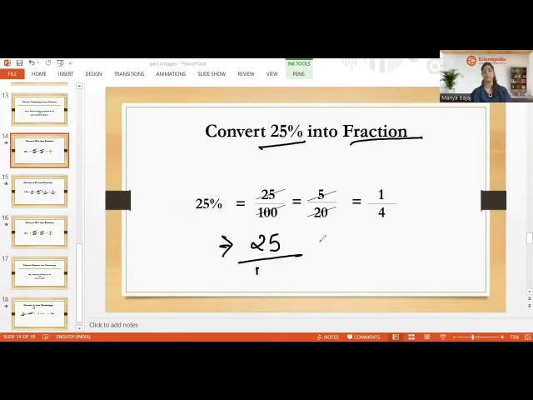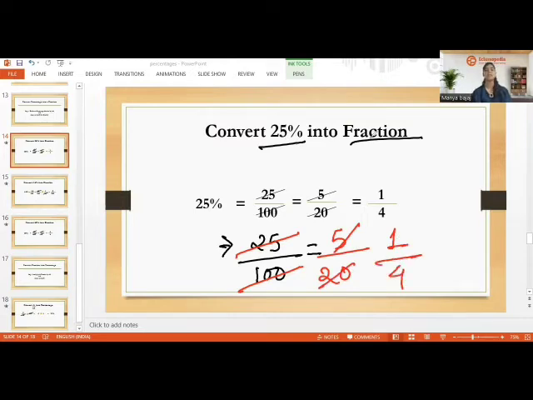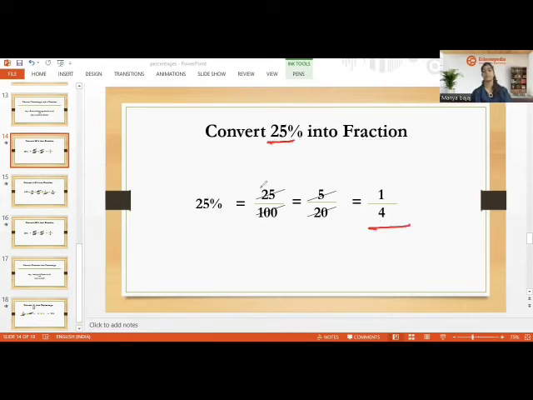Simplifying it with the table of 5, I get 5 and here 20. Again simplifying, this comes in 1 time and this comes in 4 times in the 5 table. That means 25 upon 100 is 1 by 4. So 25 percent as a fraction is 1 upon 4.